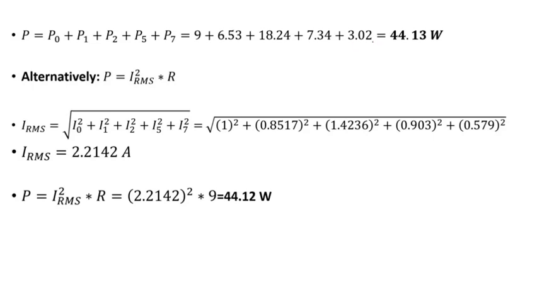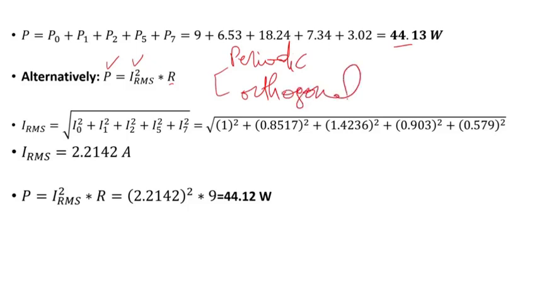So I calculated 44.13. Alternatively, you don't have to go through all that calculation. You can just say P is the RMS current squared times the resistance. Again, I can take advantage of periodic from previous slides, and orthogonal. Superposition and orthogonal are kind of the same thing. So periodic, check, orthogonal, check. All I need to do to calculate the current is use this equation from the previous slides.